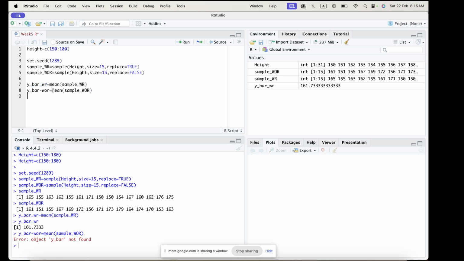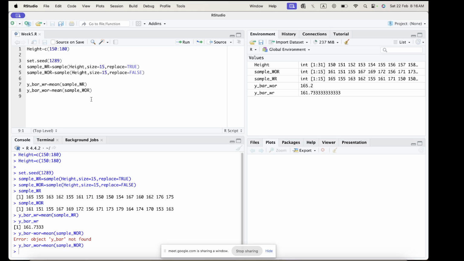So this is Y bar WR, 161.733, and this is the mean of sample WOR, which is 165.2. So I got the means for both the samples.